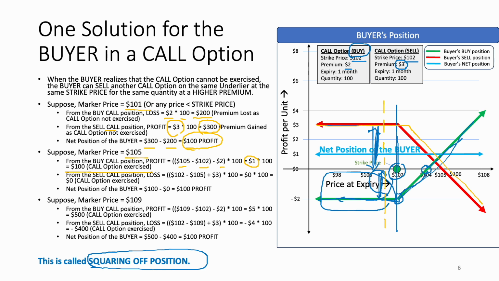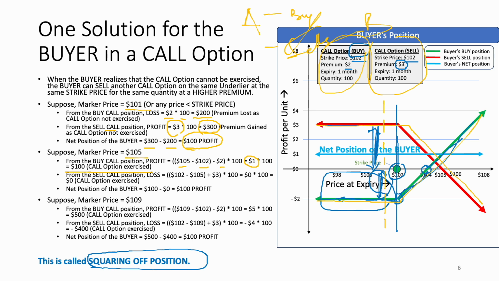Let me say the buyer, this is A, who has this call option which he has purchased, and then he makes a sale of a call option. So A first buys and then he sells a call option to B.